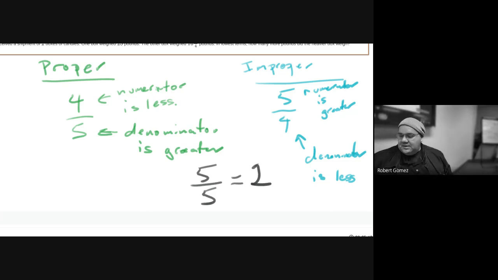And I see Vanessa's come in. All right, cool. So we're talking about the nature of some of the fractions that we're dealing with. When we have something like 5/5 or 2/2, if the numerator and denominator are the same, that equals one. That's one whole. Everything is all together, right?